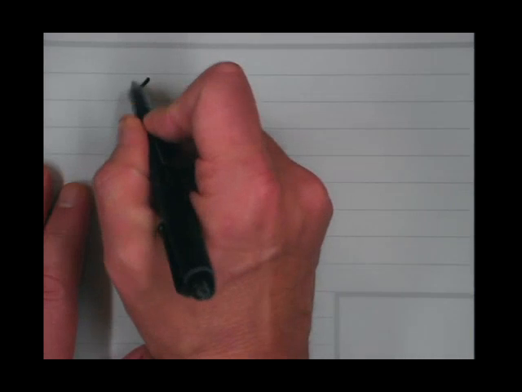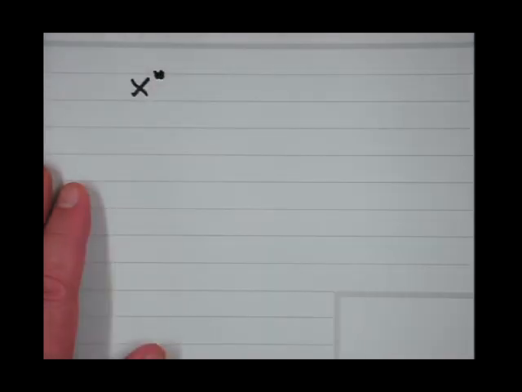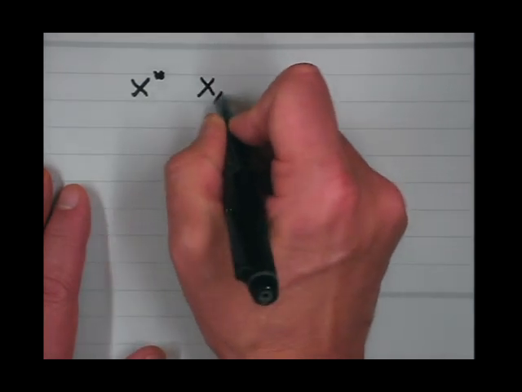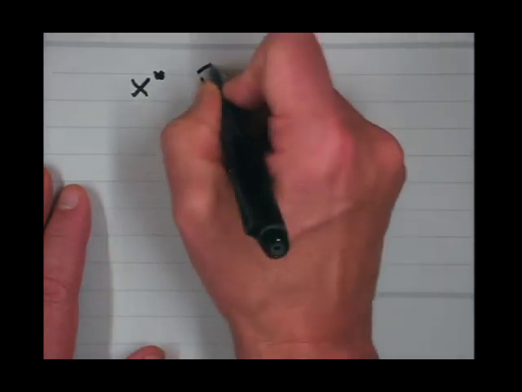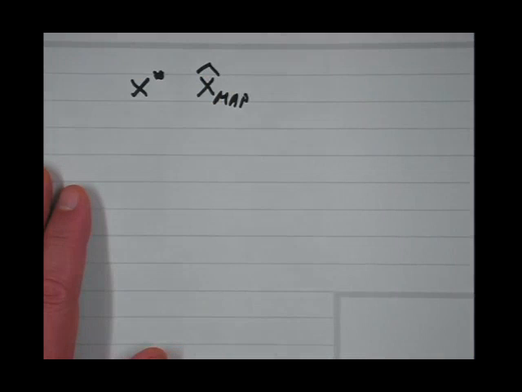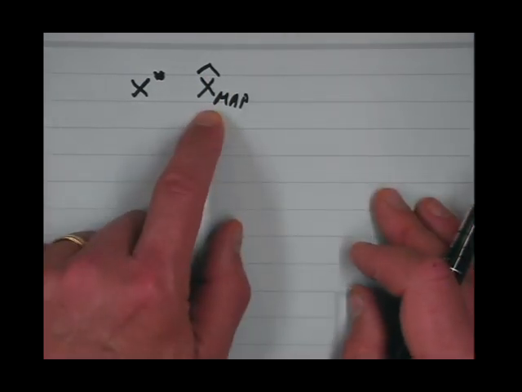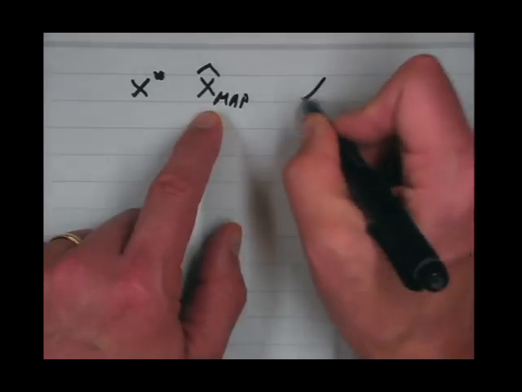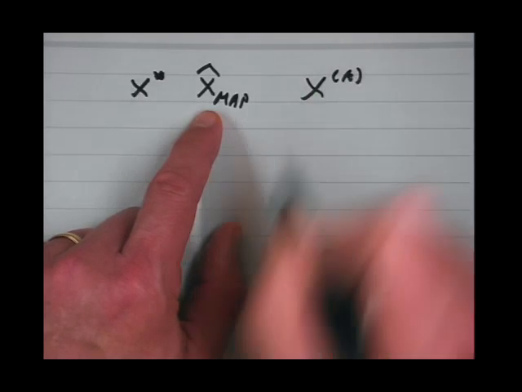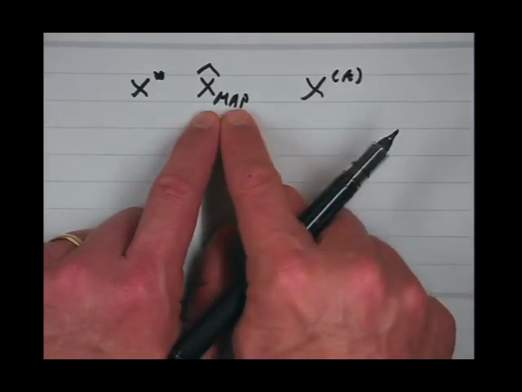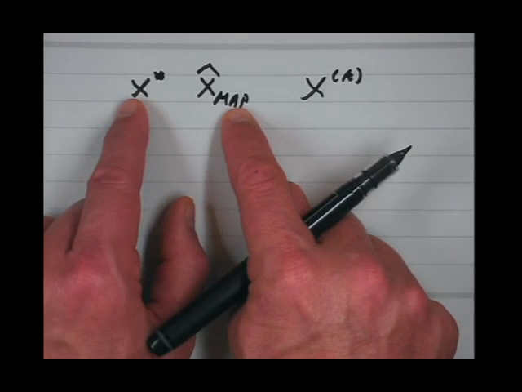You have the true answer, we'll call that x star. That's truth, okay? And then we have our best estimate of truth, that might be x MAP hat. That's our MAP estimate. But the problem is calculating x MAP hat is hard. So what we have is x_k, which is an approximation of x MAP, and x MAP is an approximation of x star.